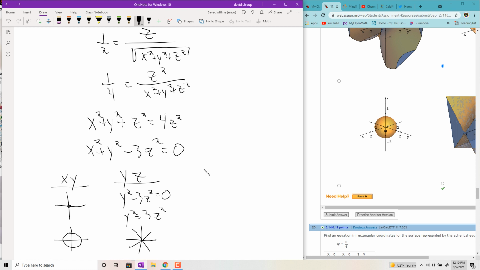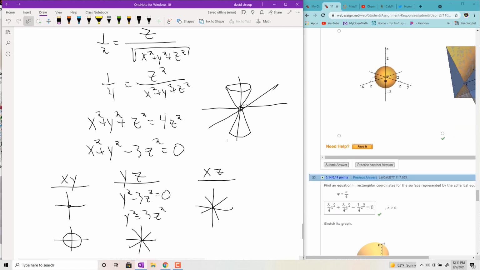And then xz, yeah, you're just going to get another. So it's going to be like a double-headed cone. In the xy plane we got a point here, and then it's going to go out like that, and then down like that. Okay.